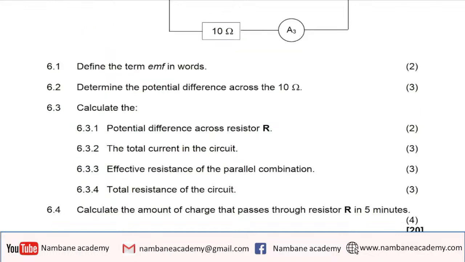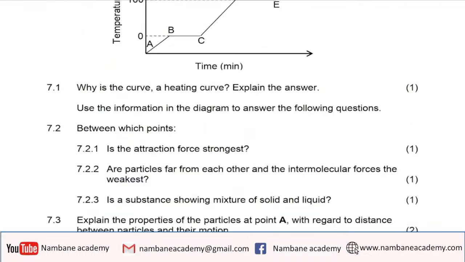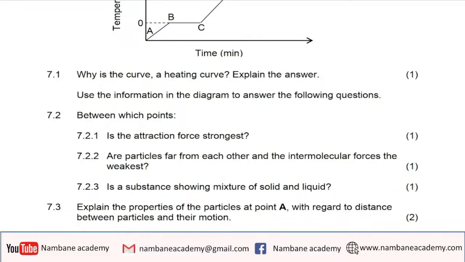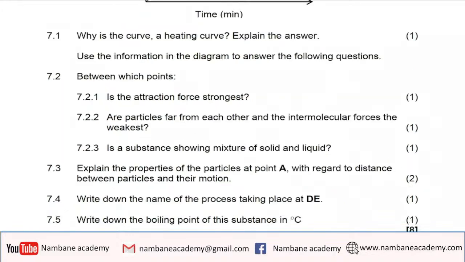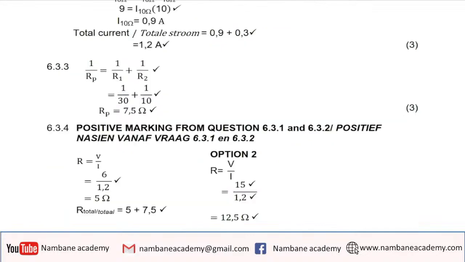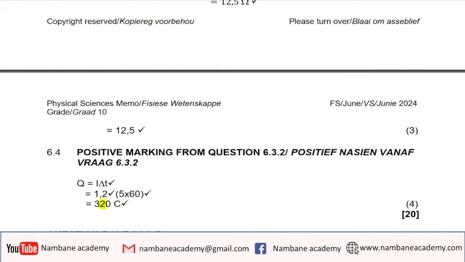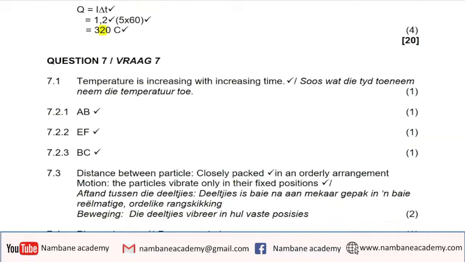Is that all, colleagues? Okay. Use the information in the diagram to answer the following questions. 7.2.1. Between which points is the attraction force the strongest? Now, it is between A and B for 1 mark.